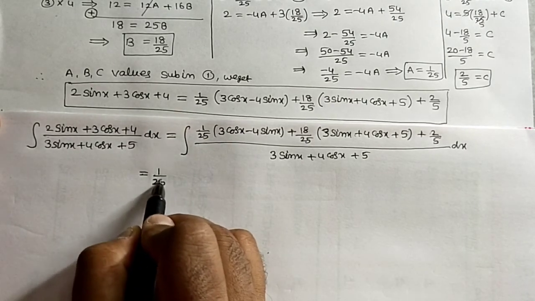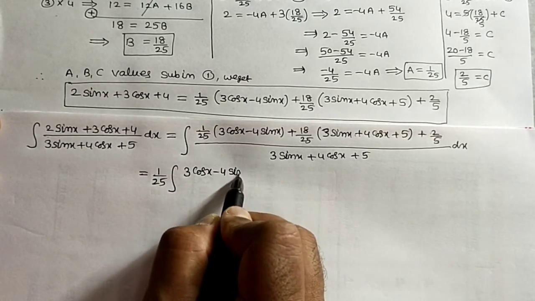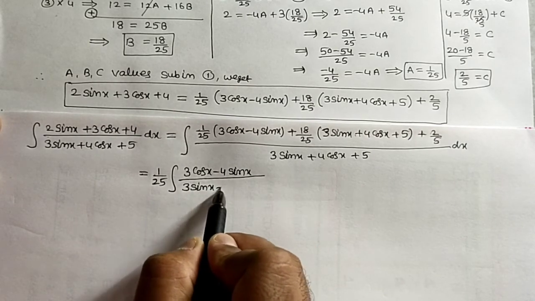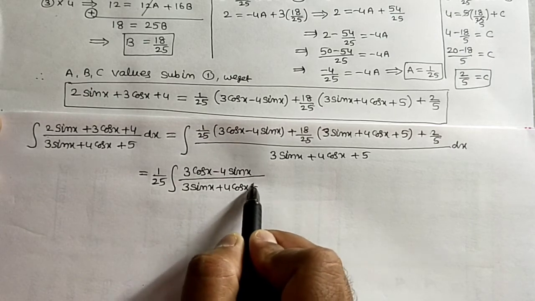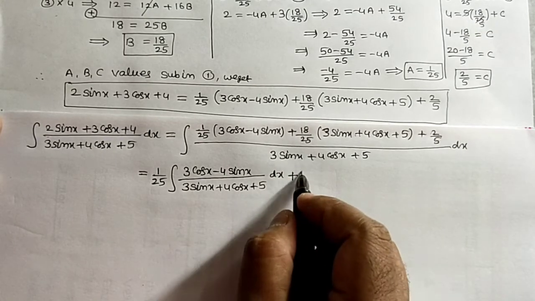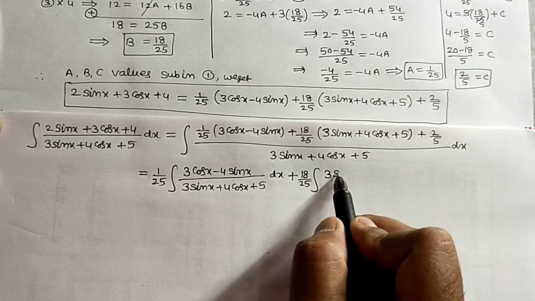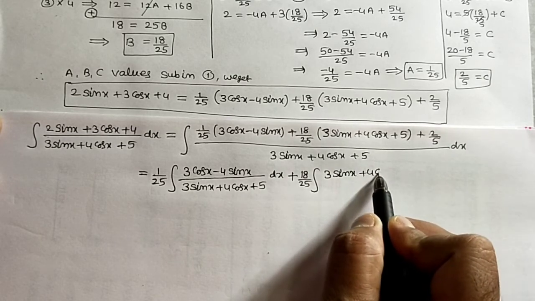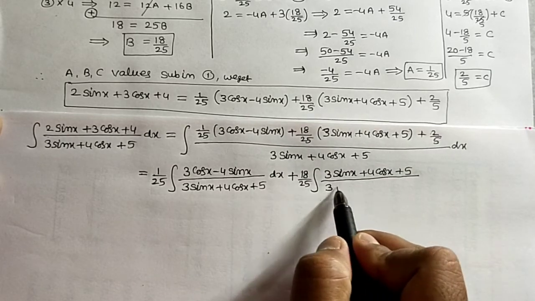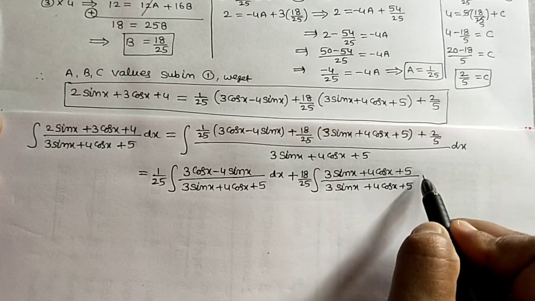So 1 by 25 integral of 3 cos x minus 4 sin x whole divided by 3 sin x plus 4 cos x plus 5 into dx, plus come to the second term, 18 by 25 we can take outside as constant, integral of the numerator 3 sin x plus 4 cos x plus 5 divided by 3 sin x plus 4 cos x plus 5 into dx.